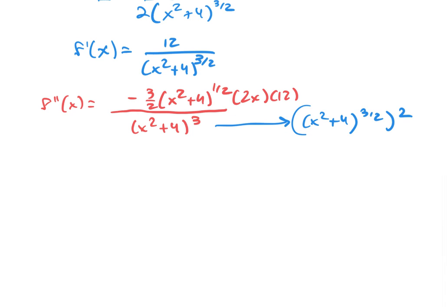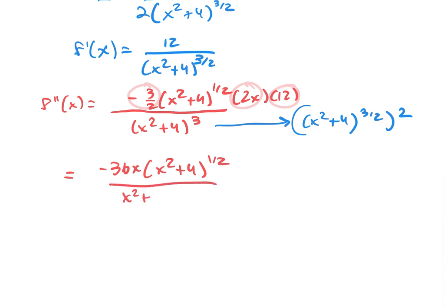Now, a key here in simplifying this second derivative is, we could go ahead and take that negative 3 halves, that 2x, and that 12, multiply all that together, and you get negative 36x times x squared plus 4 to the 1/2 all over x squared plus 4 cubed.